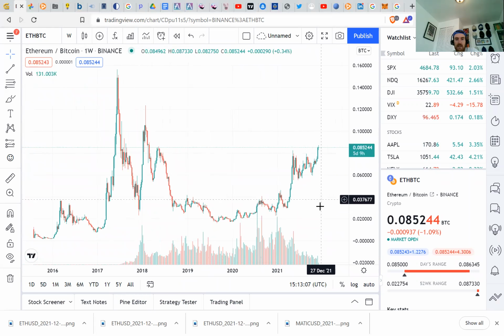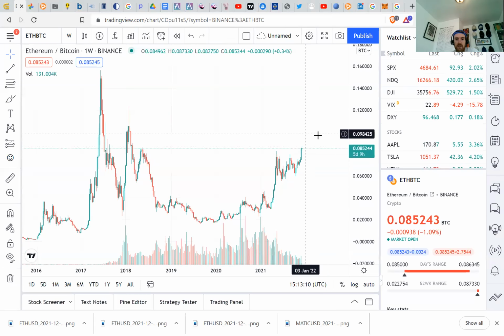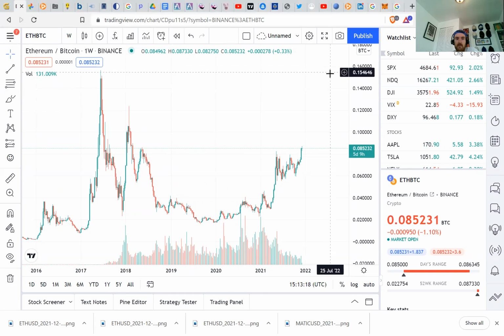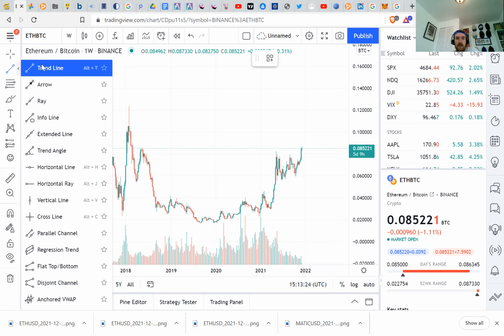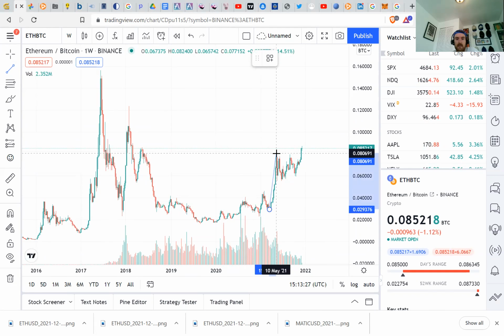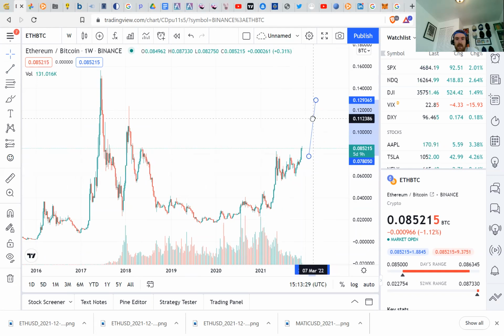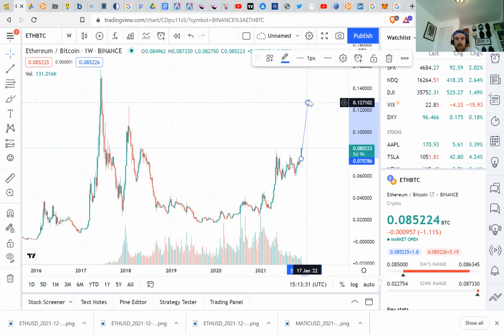We could have pullbacks along the way, but I think in general, this chart will go to around 0.12, if not more. I could see us breaking all-time highs. I could see 0.14, 0.16, something like that. If we look at just this move, if we see that break, that would be about 0.13.